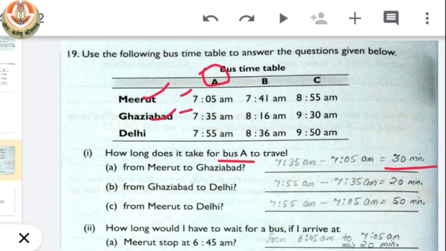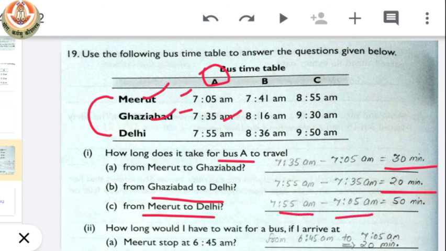Then for Ghaziabad to Delhi, it left Ghaziabad around 7:35 and reaches Delhi around 7:55. That means a 20-minute difference. And then for Meerut to Delhi, from 7:05 to 7:55, in total we have a 50-minute difference between Meerut and Delhi.